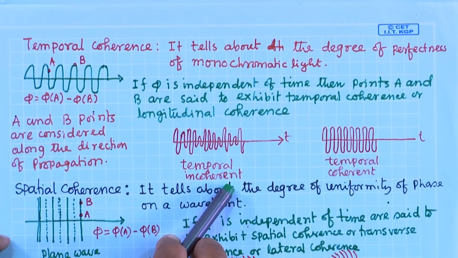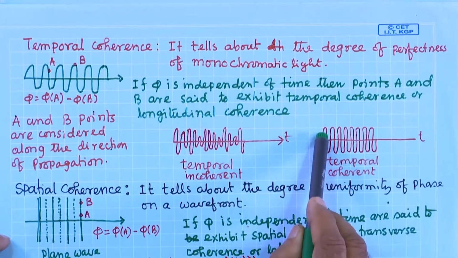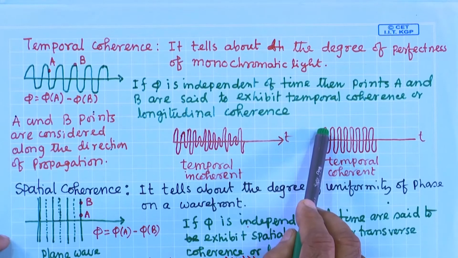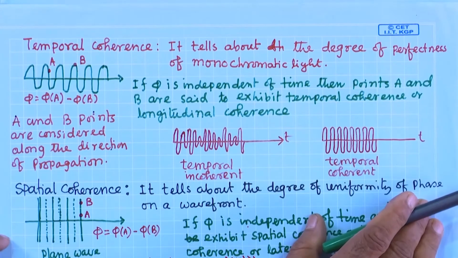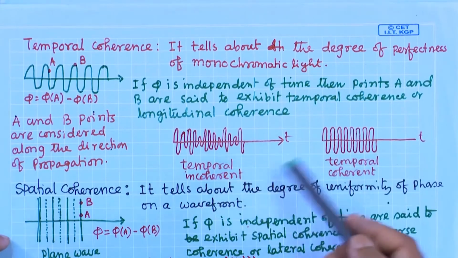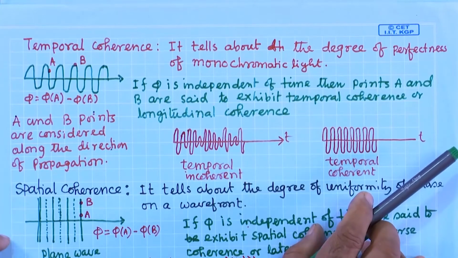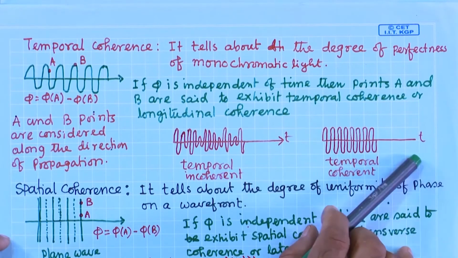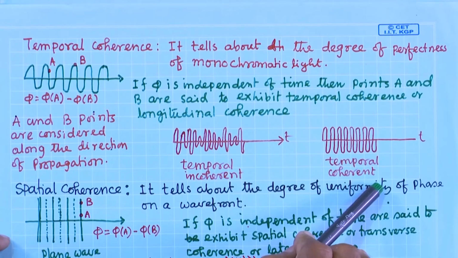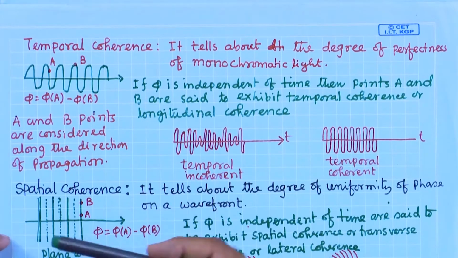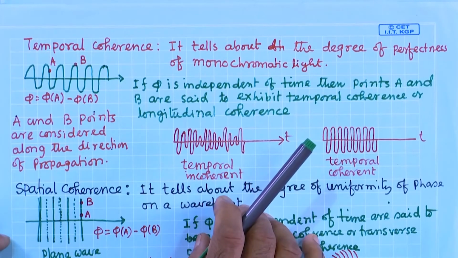If with time it varies at a particular point, if it varies like this, periodically it will come. So the phase difference between 2 points will remain constant with time. Then we say this is temporally coherent. This is the different way people explain temporal coherence.